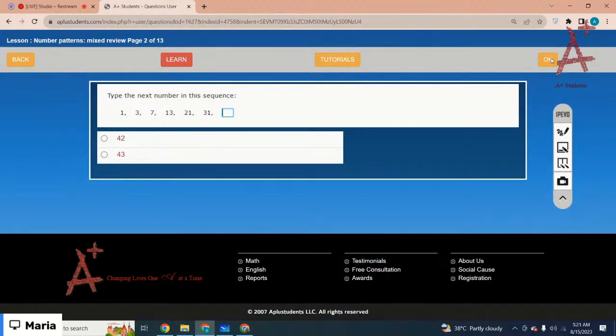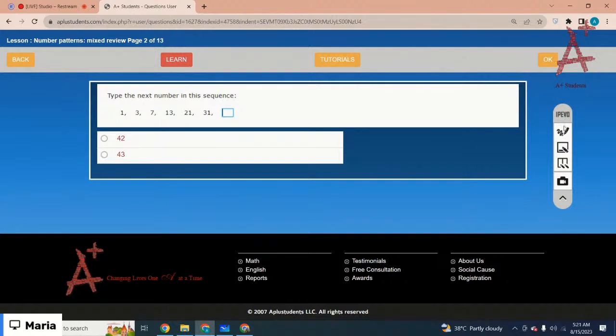Okay, what is the next number in the sequence? That's the one we did on the tutorial. Which is the correct option? The numbers are going up by twos, right?